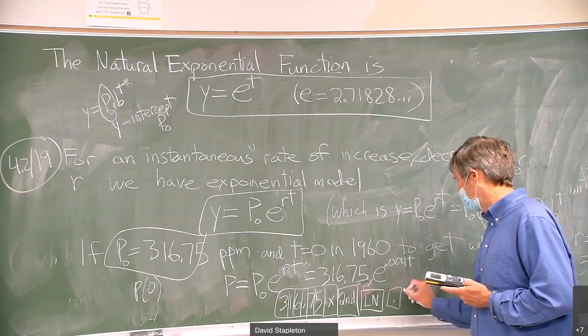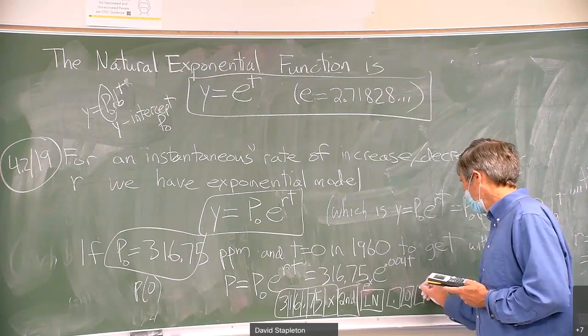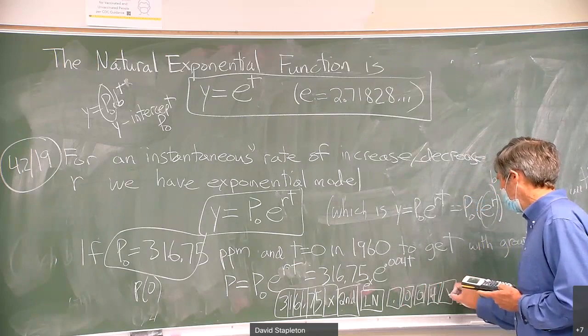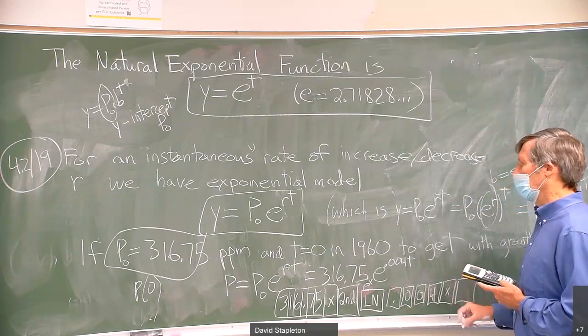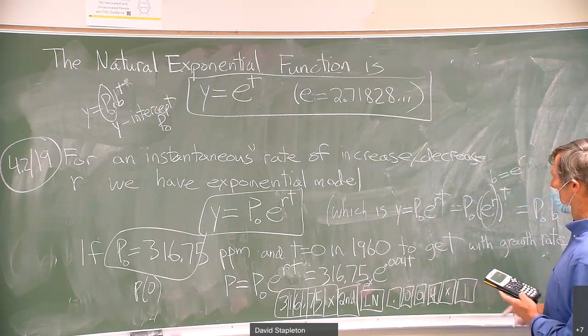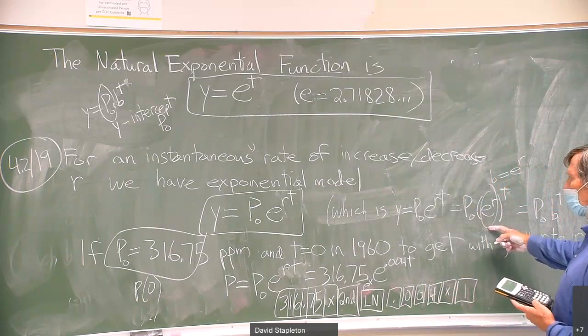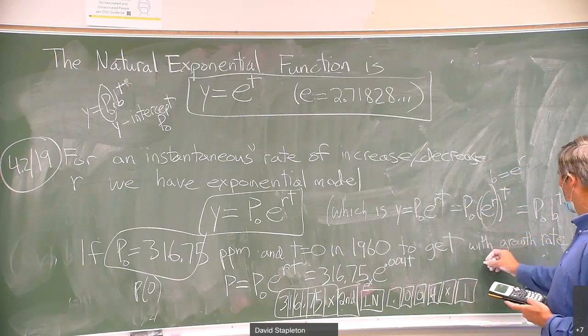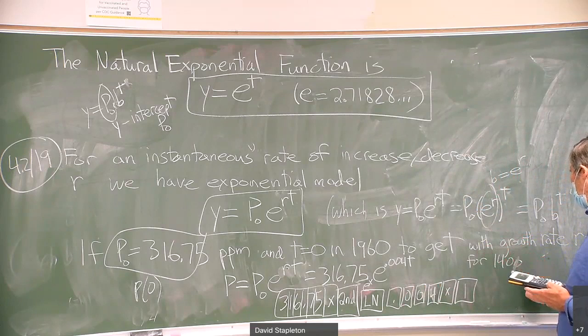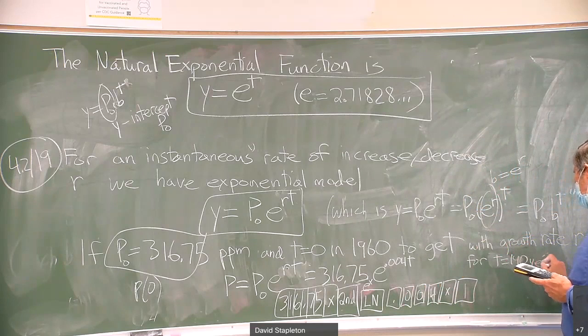And so you push 0.004 times, and then t, we want to be 140 years later. So we're going to put 140. Did I write that on here? For 140 years later in 2100. t equals 140 years later.